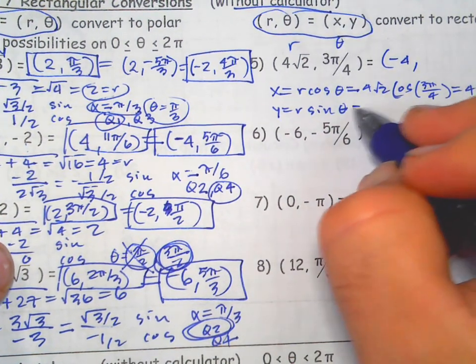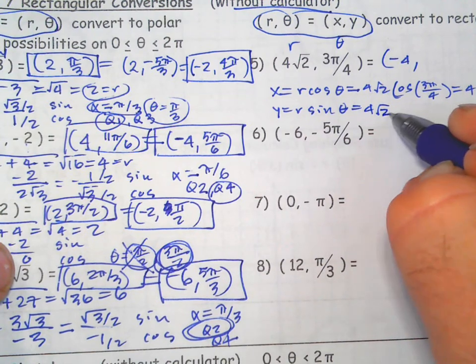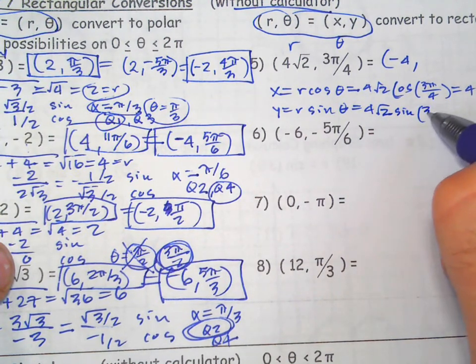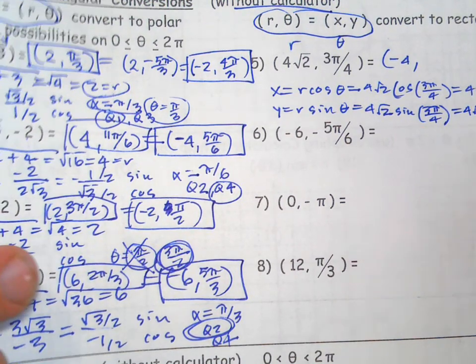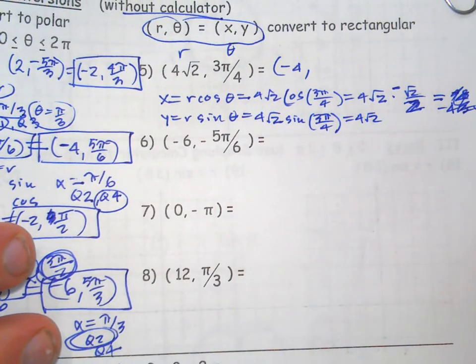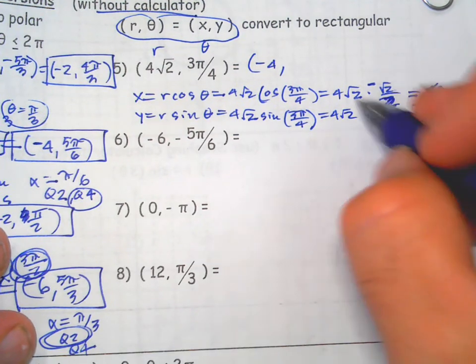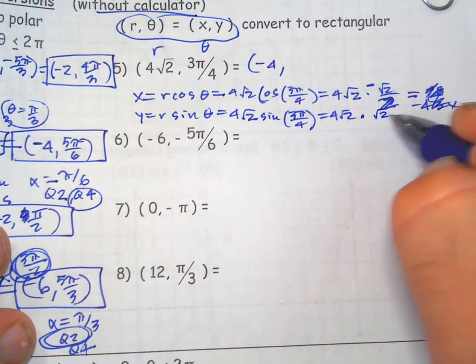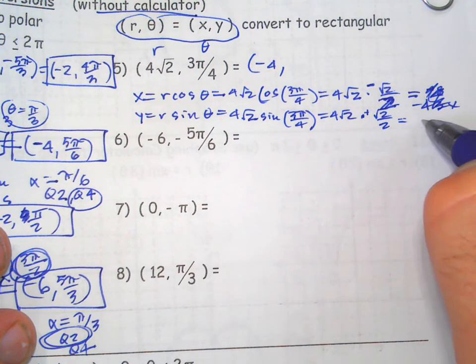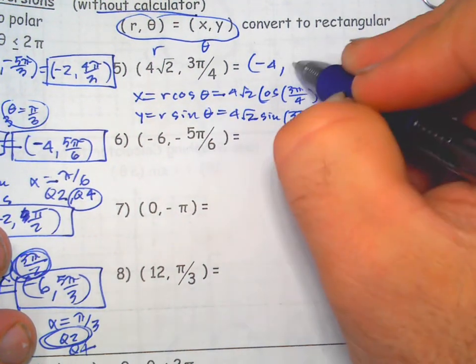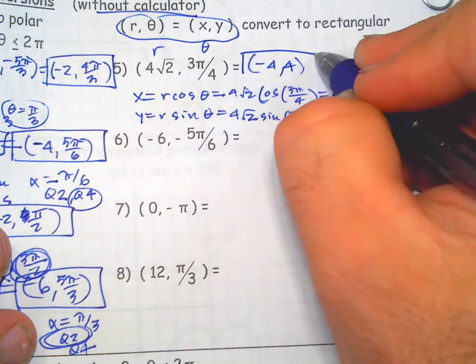Your y value, it's going to be root 2 over 2. Quadrant 2 is going to be positive. So root 2 times root 2 is 2, over 2 is, times 4. So that's your y value. So negative 4, 4.